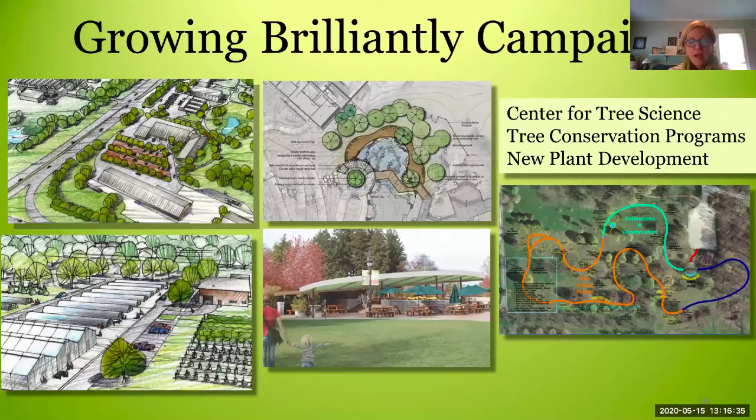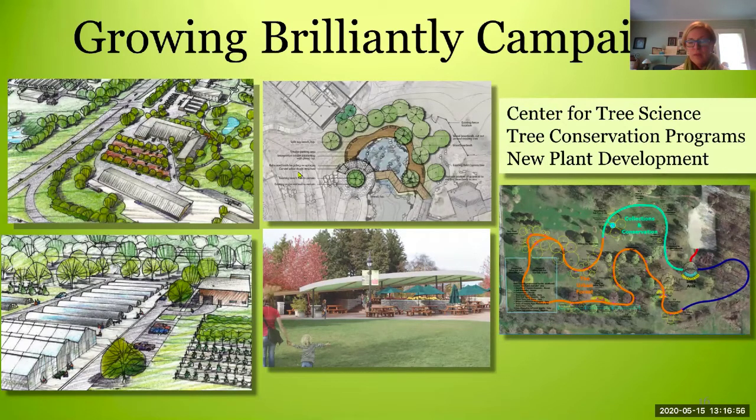So of course, our design ideas were way larger than our budget, so we had to narrow down the projects that could move forward with our Growing Brilliantly campaign. So we ended up with the South Farm Maintenance Complex in the upper left, and added into that an update to the plant production area over on the west side.